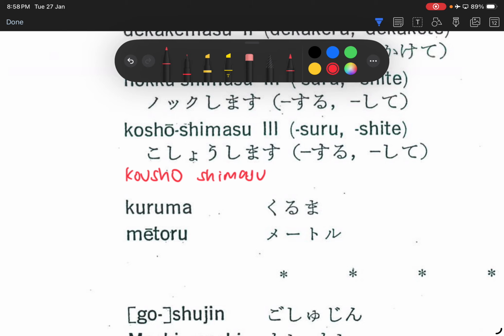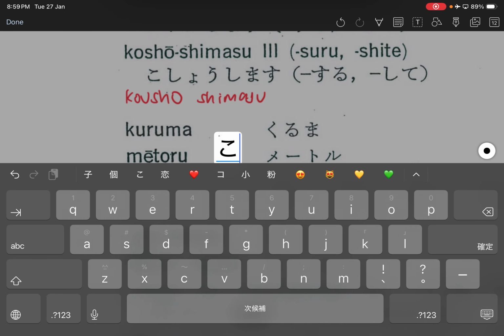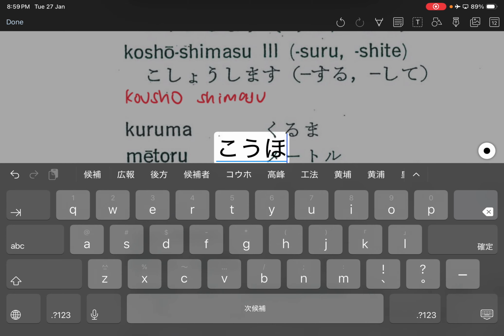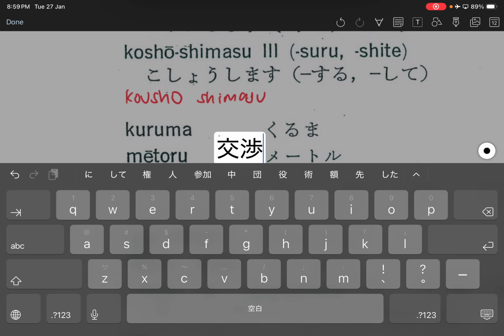So this one is written like that. Koshou. Yeah, this is koshou. Koshou shimasu. This kanji which means to negotiate. So, koshou shimasu versus koshou shimasu. Please don't say the wrong thing.